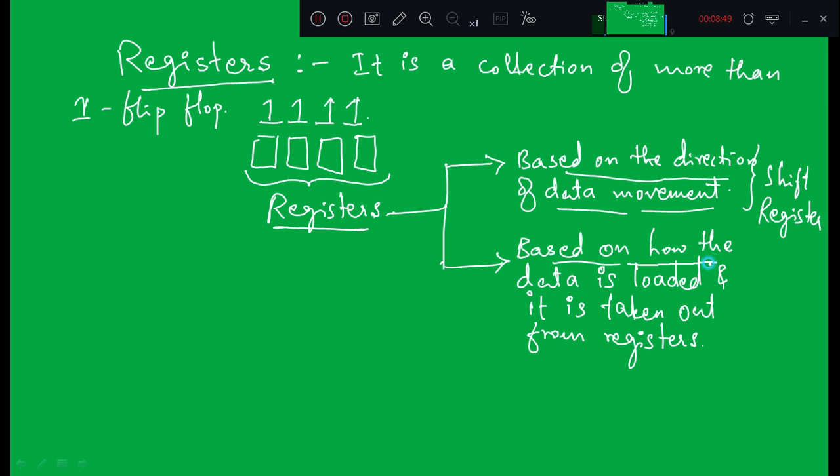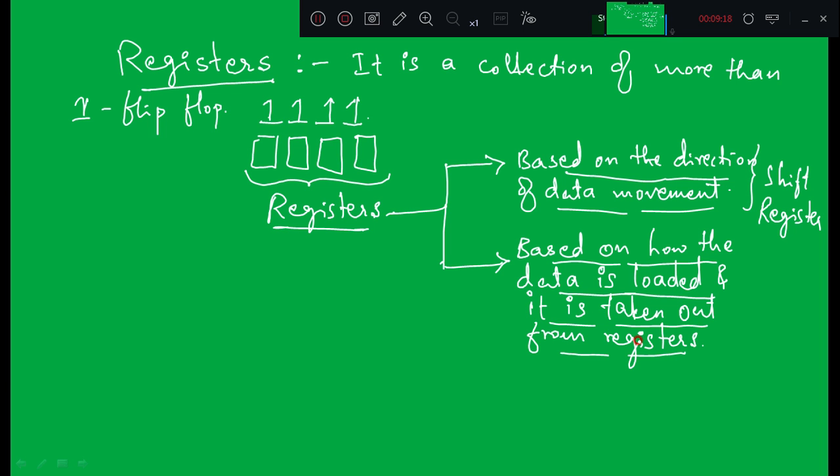Next, based on how the data is loaded and taken out from the register. Before we shift any data towards right or left, we need to load that data into the flip-flops or registers. So in what manner we are loading the data in those registers, even the registers are classified based on that.